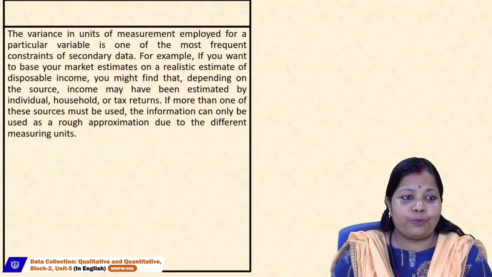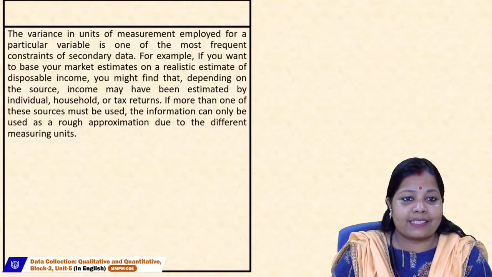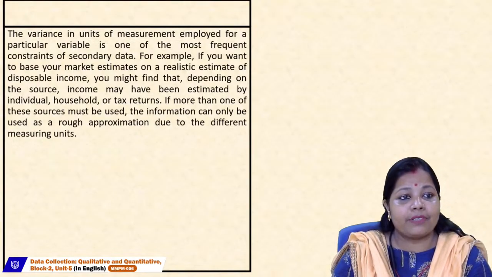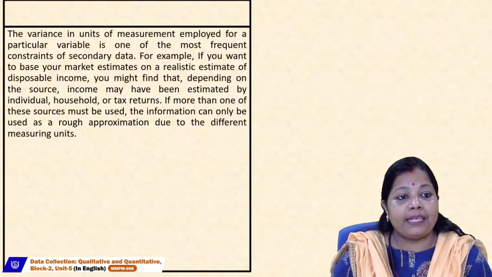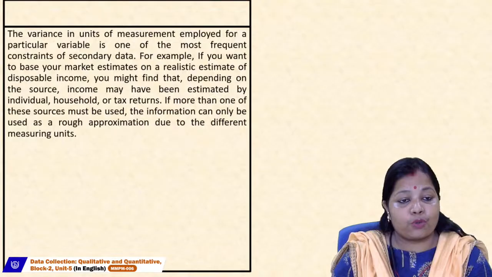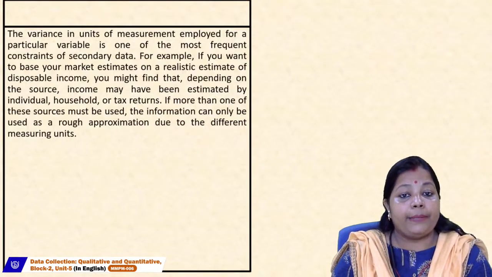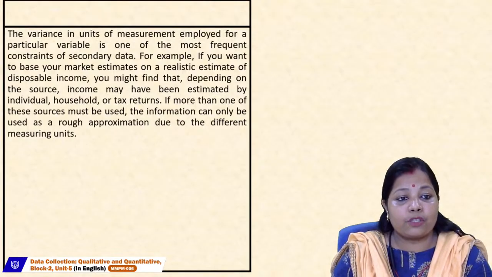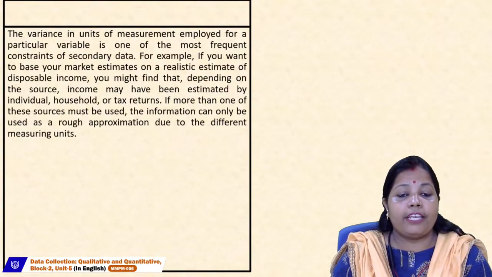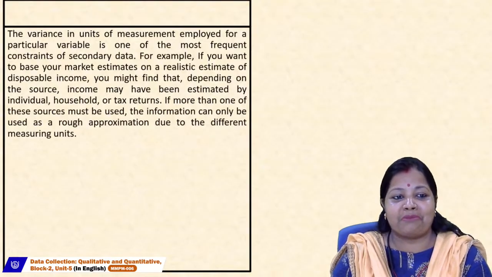If you want to base your market estimates on a realistic estimate of disposable income, you might find that depending on the source, income may have been estimated by individual, household, or tax returns. If more than one of these sources must be used, the information can only be used as a rough approximation due to different units of measurement.